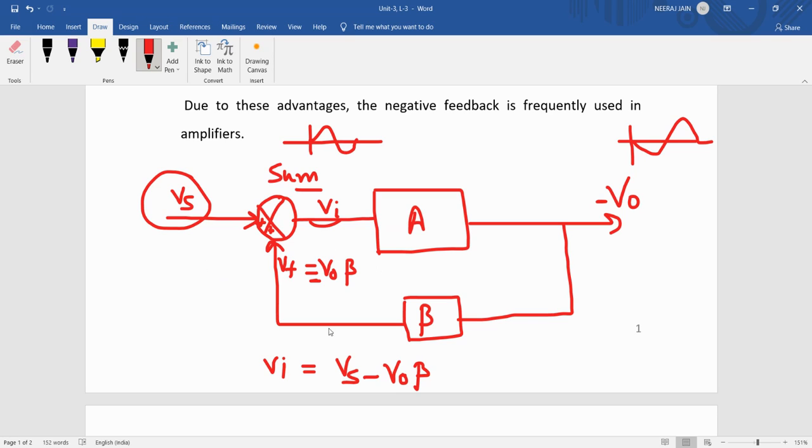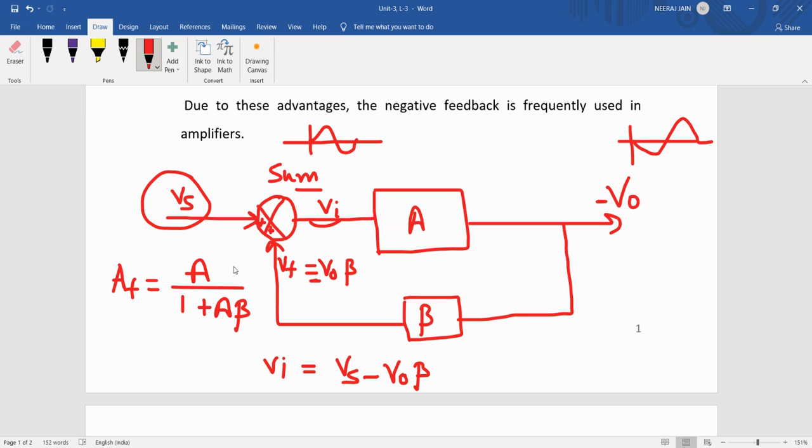In this manner, the total gain of this closed loop will be denoted by AF is equal to A upon 1 plus A beta.